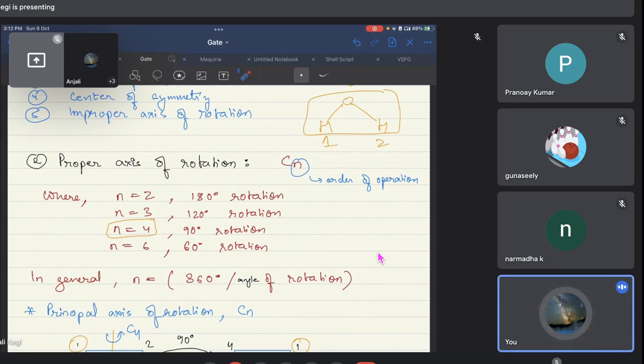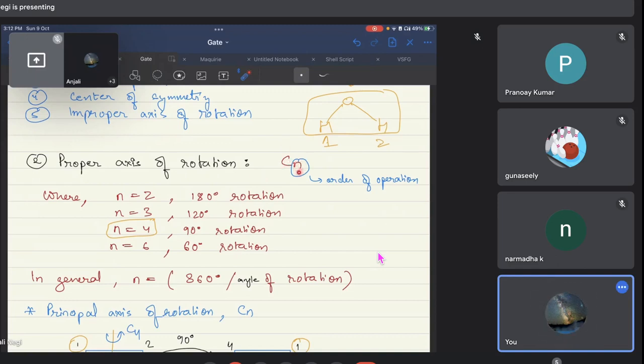I kept this in mind. But when you deal with the fifth element, the improper axis of rotation, you will get to know why one is called proper and why the other is called improper. The proper axis of rotation is denoted as capital C.